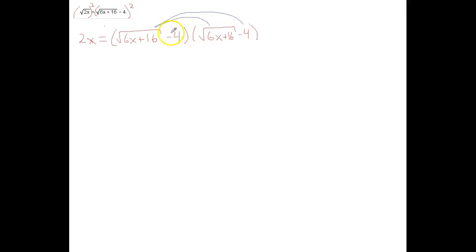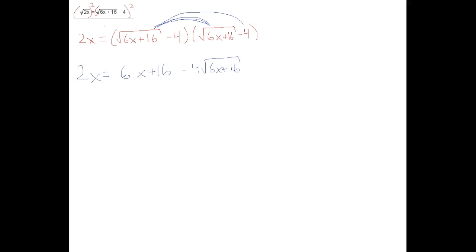So this first multiplication actually is the same square root times itself, so that will cancel out a square root. The second multiplication is a -4 times that square root, so it's going to give us a -4 times the square root.